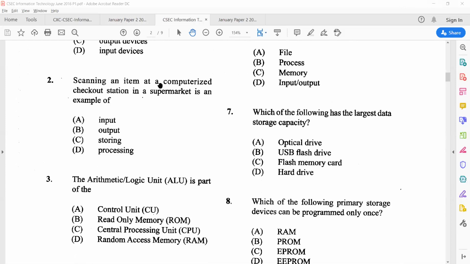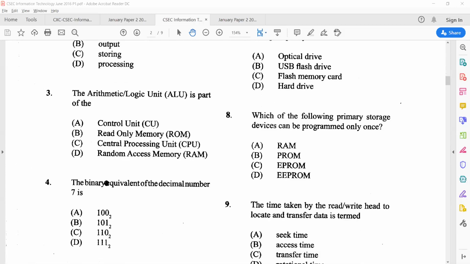Remember when you scan an item at a checkout station in a supermarket, what you're actually doing is inputting the barcode of the item into the point of sale system, right? So instead of entering what item it is manually, scanning the barcode would do that. The answer again for number 2 is A.